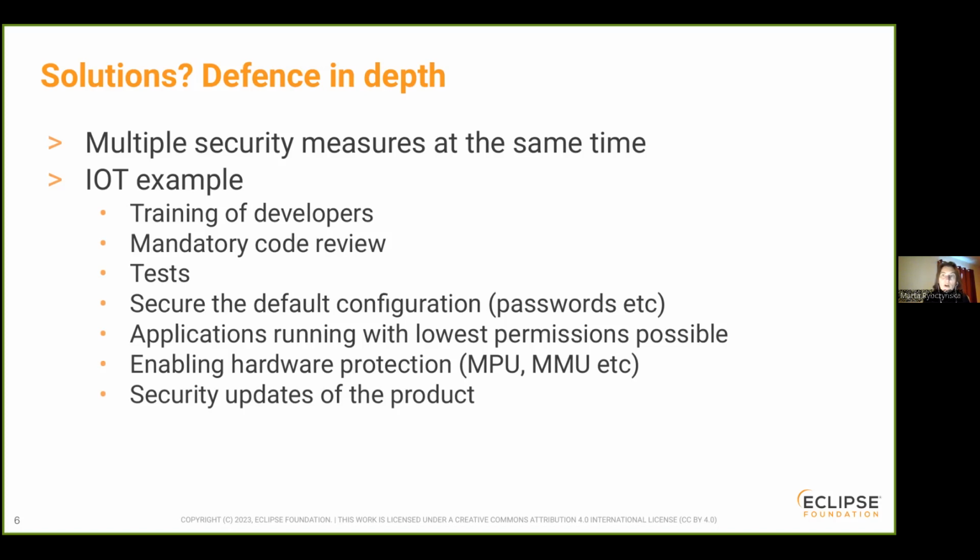On smaller architectures and resources, the MPU or MMU, if it's there, may not be enabled by default. On the bigger platforms, we may also have other hardware protection mechanisms. We may have crypto accelerators and many other things that we can use. And then finally, secure update of the product.